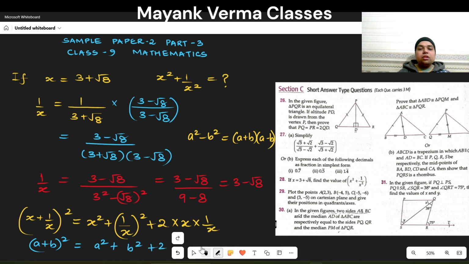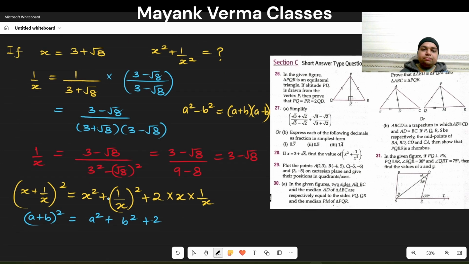So it will be 2ab in the last term. Now if this x gets cancelled out, I will get x square plus 1 upon x square plus 2. This is the value of this.